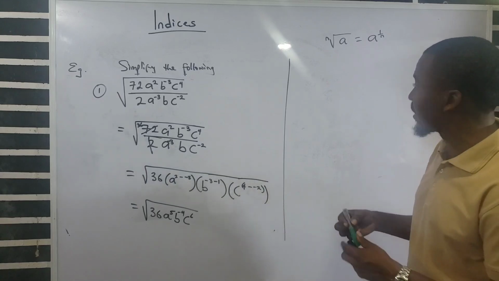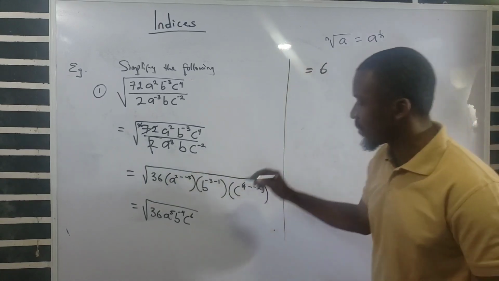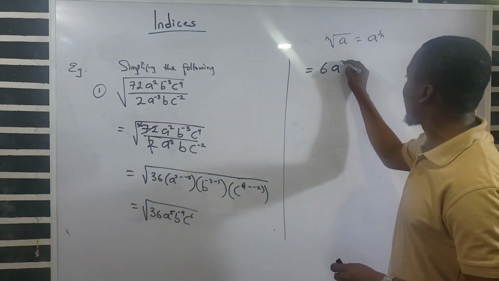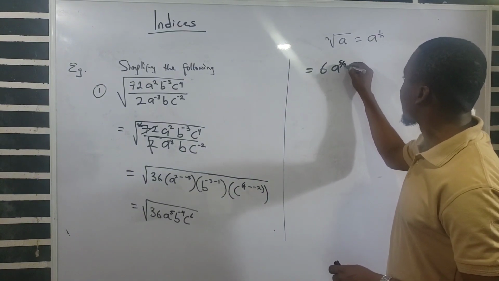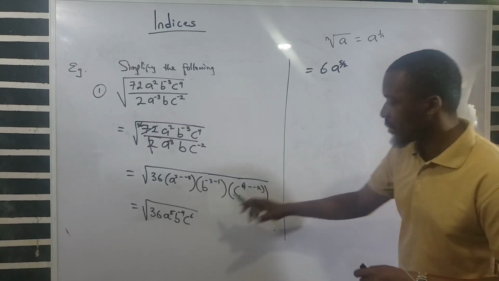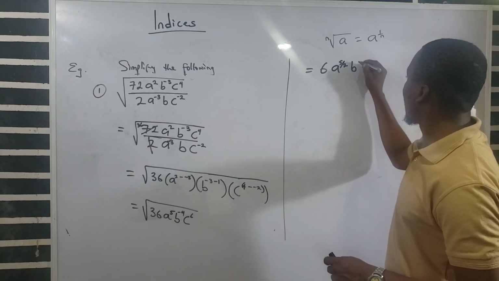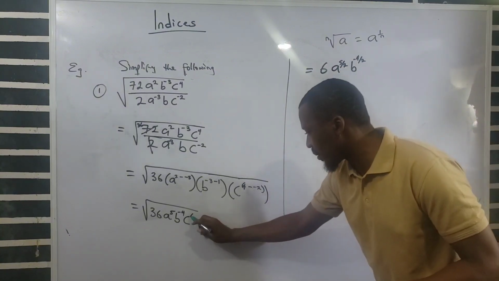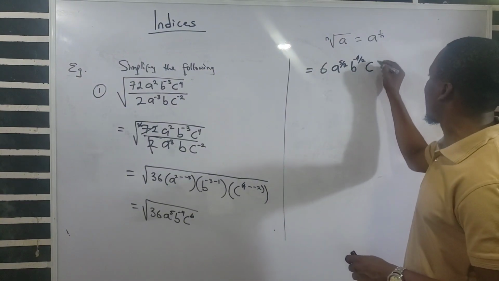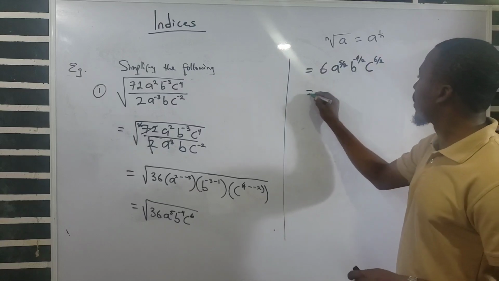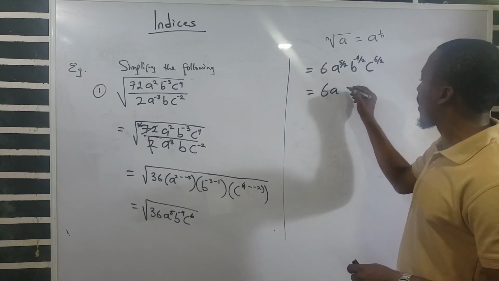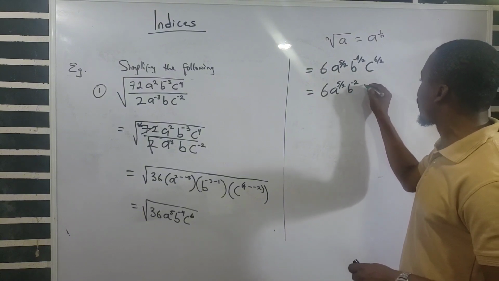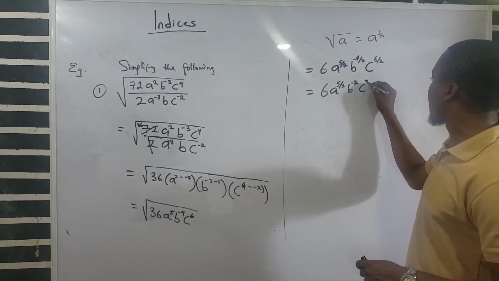So square root of 36 will give us 6. Okay, then this one, square root of it will give us a5 over 2. Then for b, that will give us b minus 4 over 2. Then for c, that will give us c 6 over 2. So with all these now, I have a 5 over 2. This will give us b minus 2. That will give us c 3.